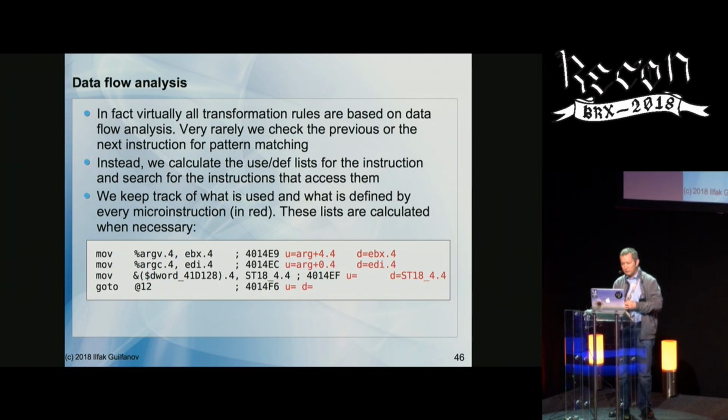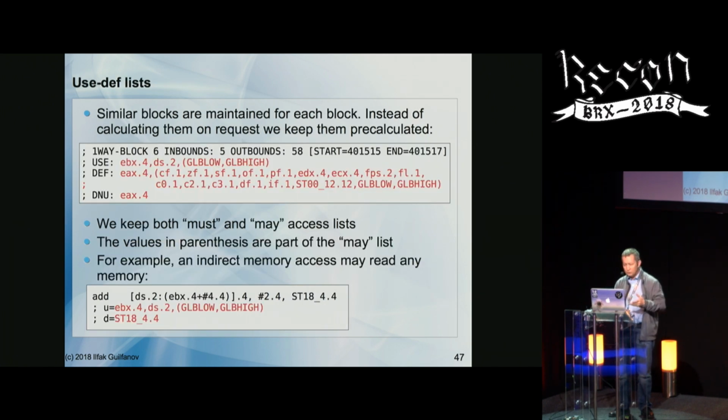These lists, we call them use and def lists, are calculated on the fly, and it's very easy to ask the decompiler what this particular instruction modifies or uses. And after that, the use-def lists are used to find another instruction, where the value comes from, and so on, so on. We maintain similar lists for the basic blocks.